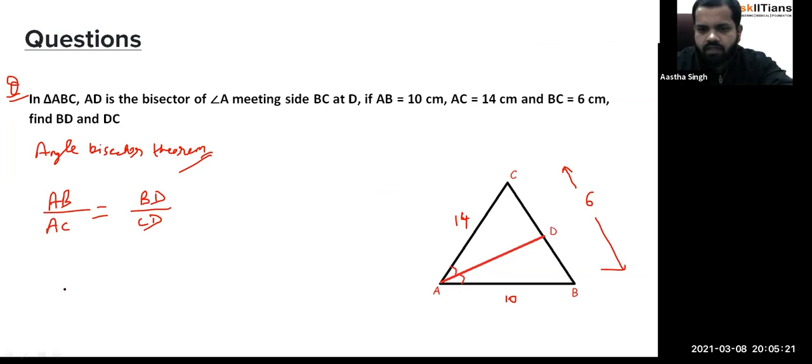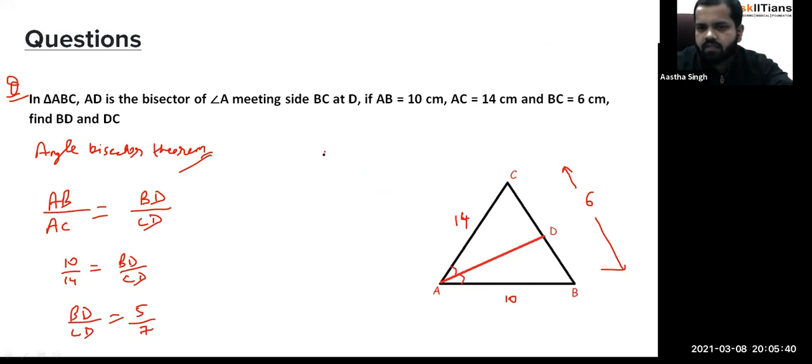AB upon AC is 10 upon 14, so BD upon CD will be 5 upon 7.